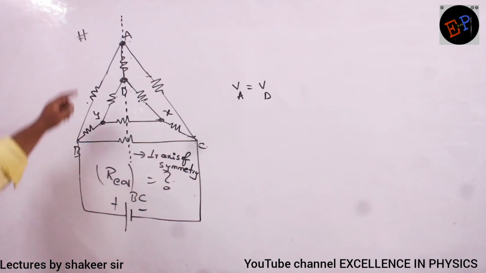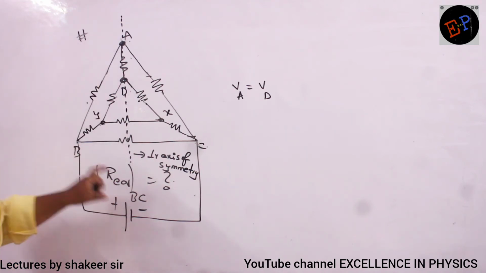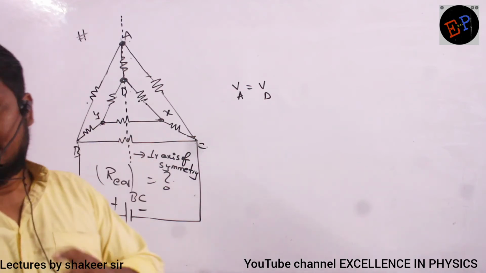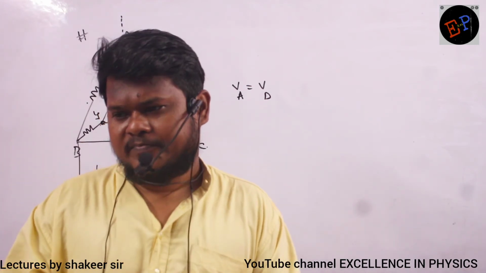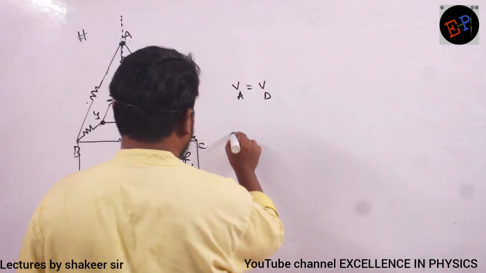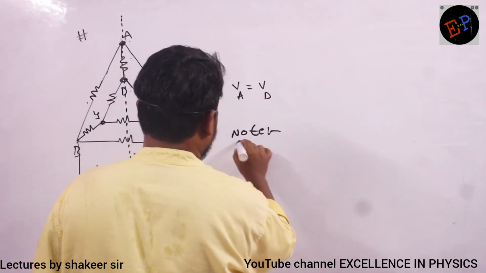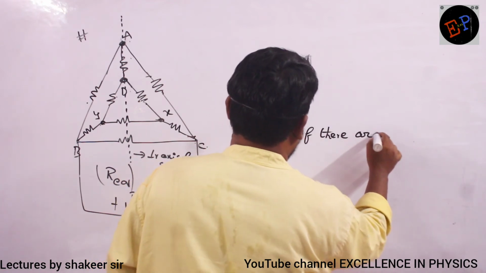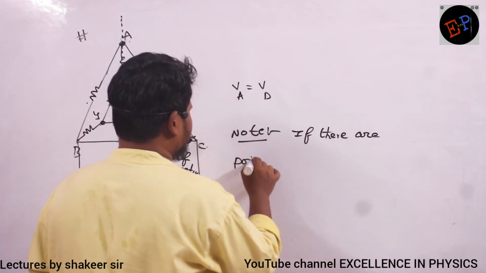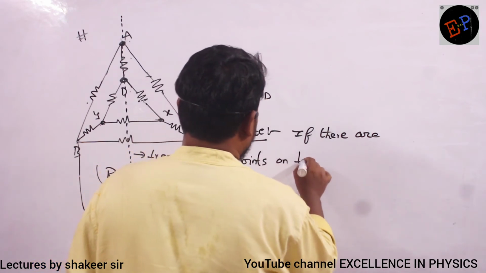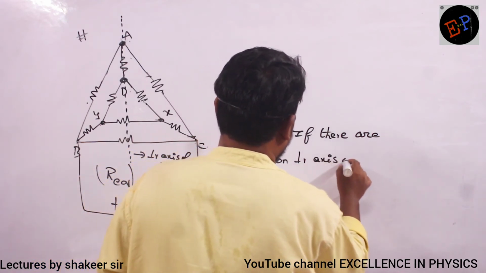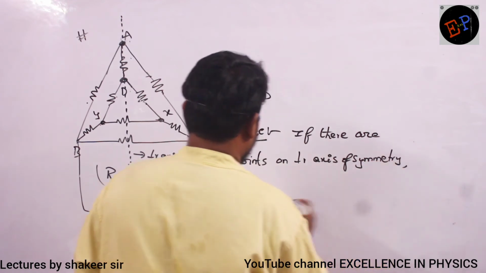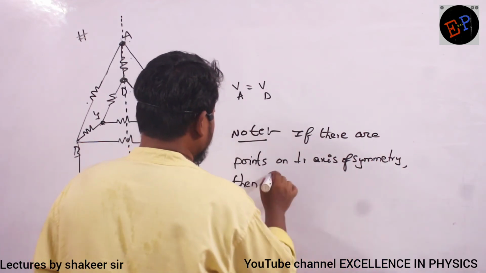Why? Because these points, they are present on the perpendicular axis of symmetry, and whatever points are present on perpendicular axis, they must be equipotential points. Okay, if you want to make a note of this point again. Okay? If there are points on perpendicular axis of symmetry, then those points are equipotential points.